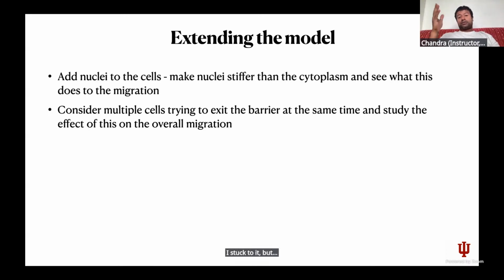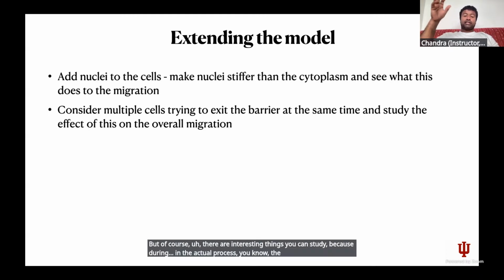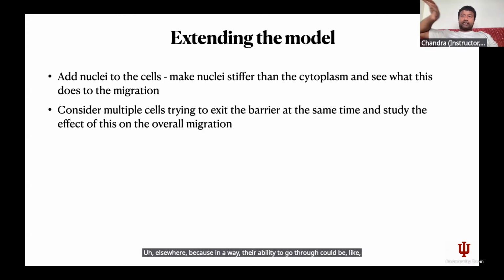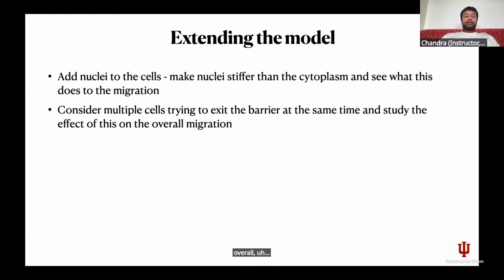But of course, there are interesting things you can study, because in the actual process multiple cells are trying to cross the barrier at different parts, and this itself might affect each other's ability to go through elsewhere. Their ability to go through could be affected by other cells trying to get through in other parts of the barrier, which is not unrealistic to think of. So another natural way to go is to have multiple cells and see what it does to the overall simulation.